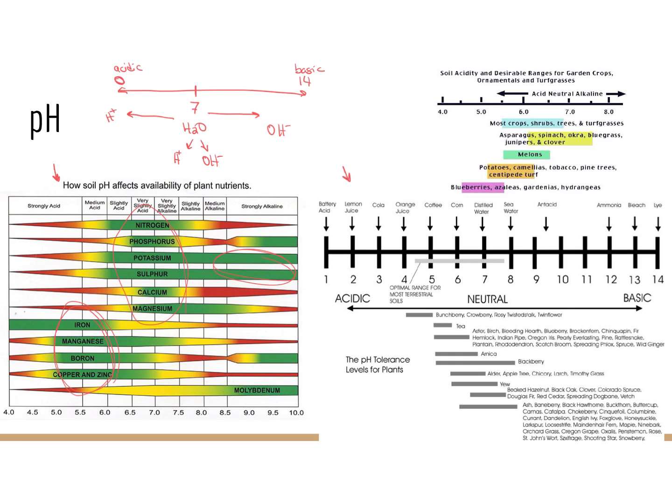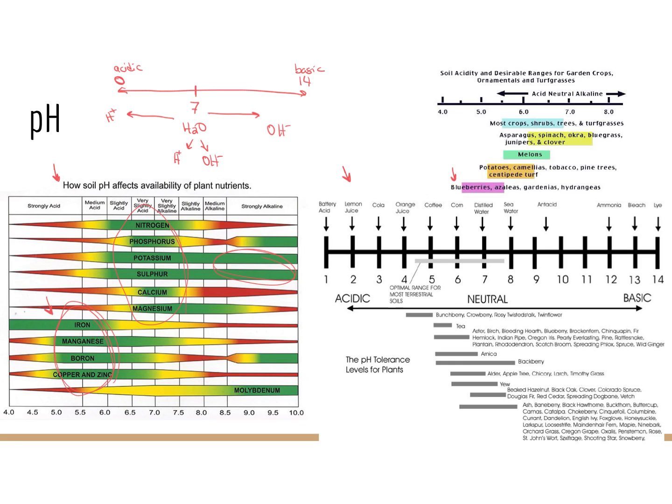So we can look at different plants and we can see that their preferred pH range is going to differ depending on the type of plant. Most crops, most types of plants are going to fall around neutral pH. We can see here blueberries actually prefer a more acidic pH because they prefer maybe more of these types of nutrients.